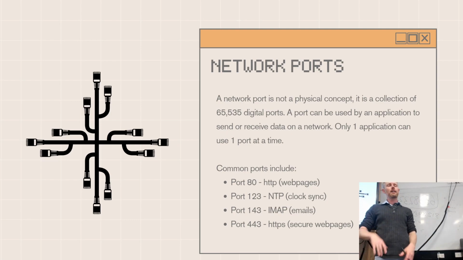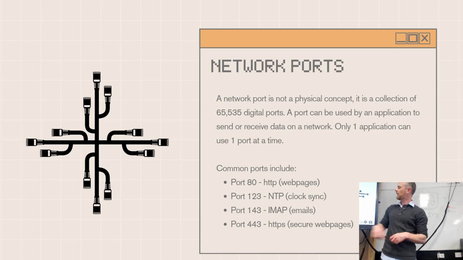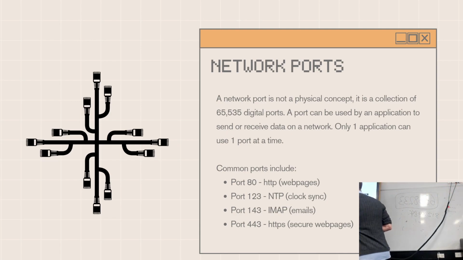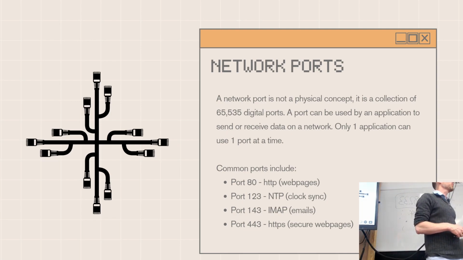Port 123 is what you call NTP. That's how your computer synchronizes its clock across the web. Then the next one, IMAP. If you use an email client of any sort, you're using port 143, the IMAP port. And finally, HTTPS is secure web pages. Yeah, it's a web page, but with a little bit of security on top of it.